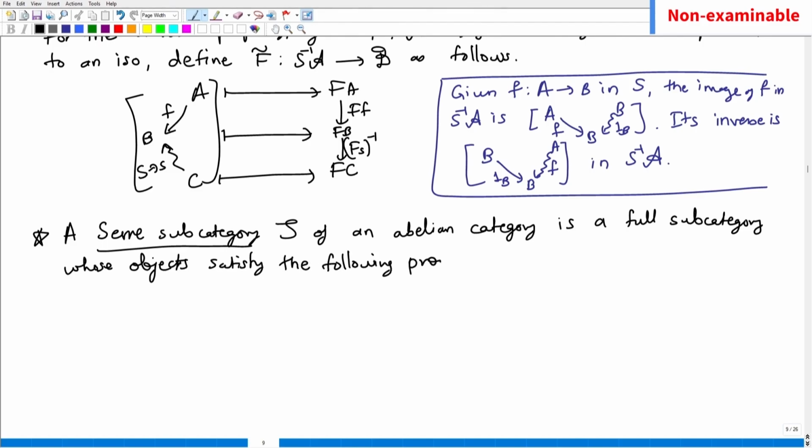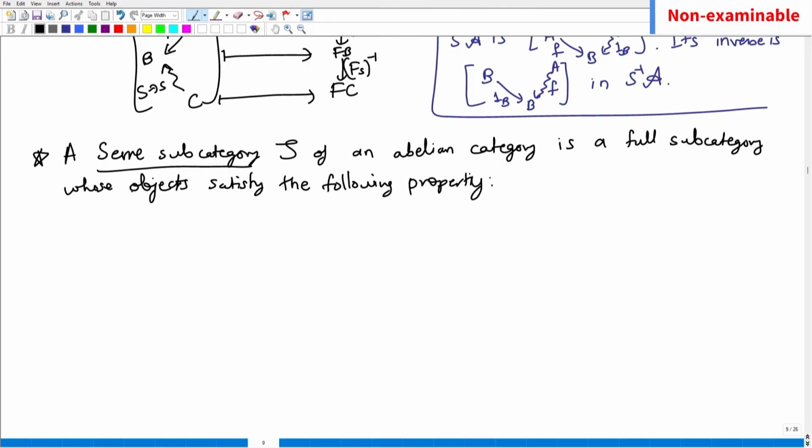Whenever we talk about a Serre subcategory, we are only really interested in the class of objects, because it is a full subcategory, so morphisms will automatically be there.